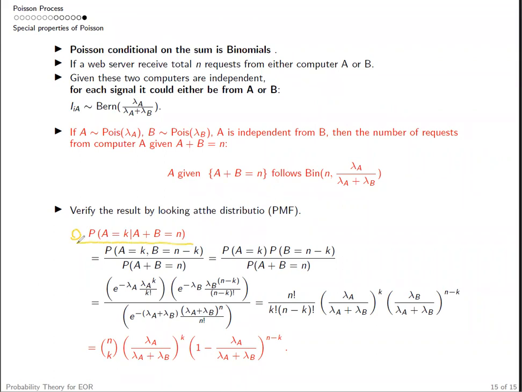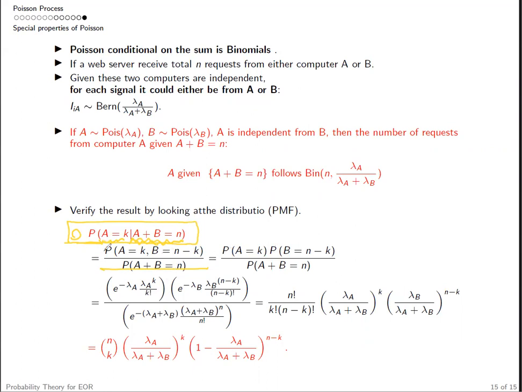Essentially, we are dealing with this conditional probability. This is the event we know has already occurred, and conditional on this information, we want to know the number of requests from computer A. The first equation is by the definition of conditional probability. It is the ratio of the joint probability divided by the probability that the total requests equal n.